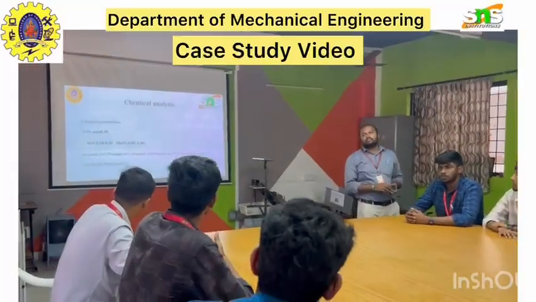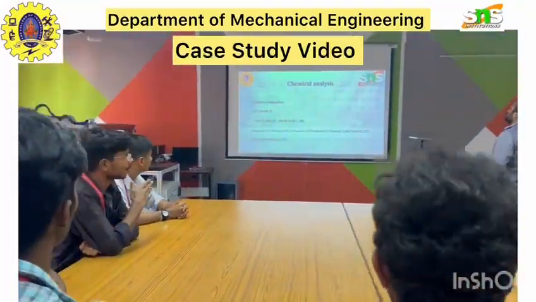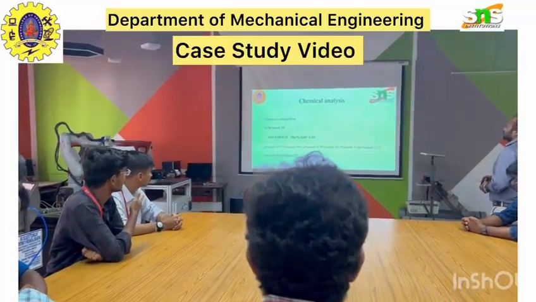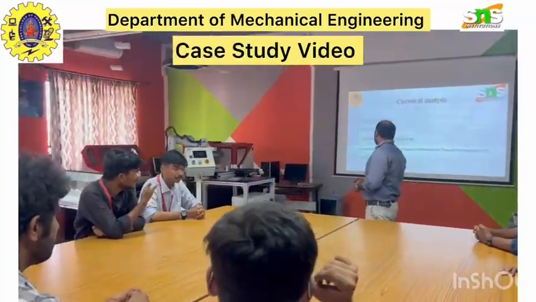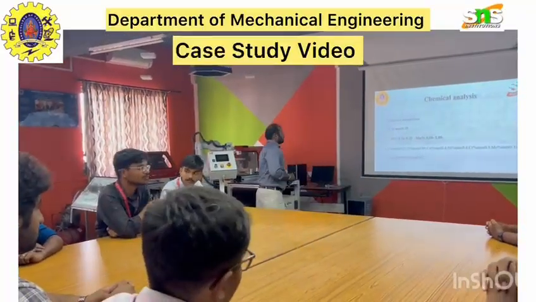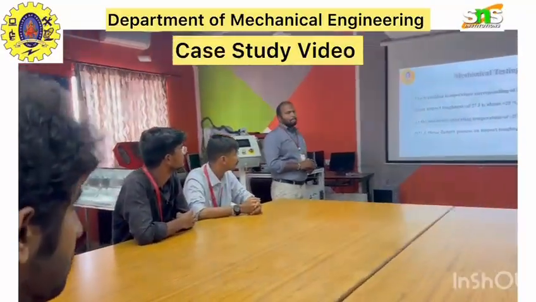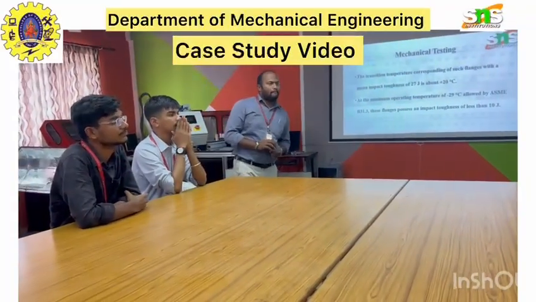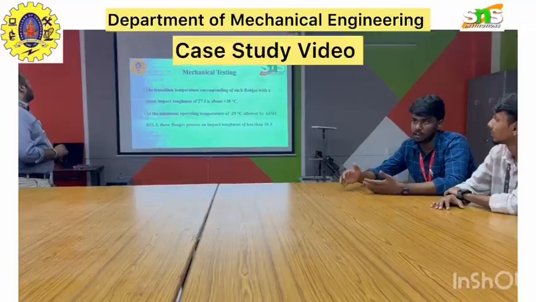For the chemical analysis, the chemical composition of carbon is maximum 0.35, silicon is around 0.10 to 0.35, and manganese is 0.60 to 1.05. Coming to mechanical testing, we did impact toughness testing.